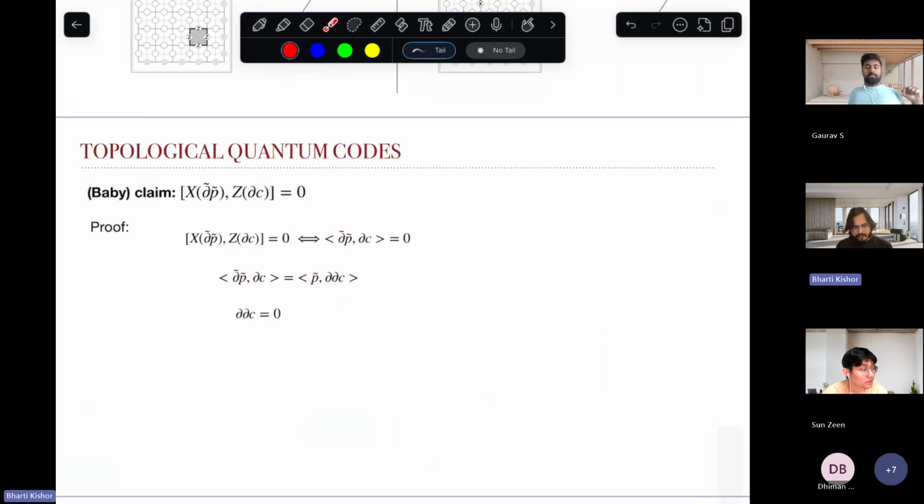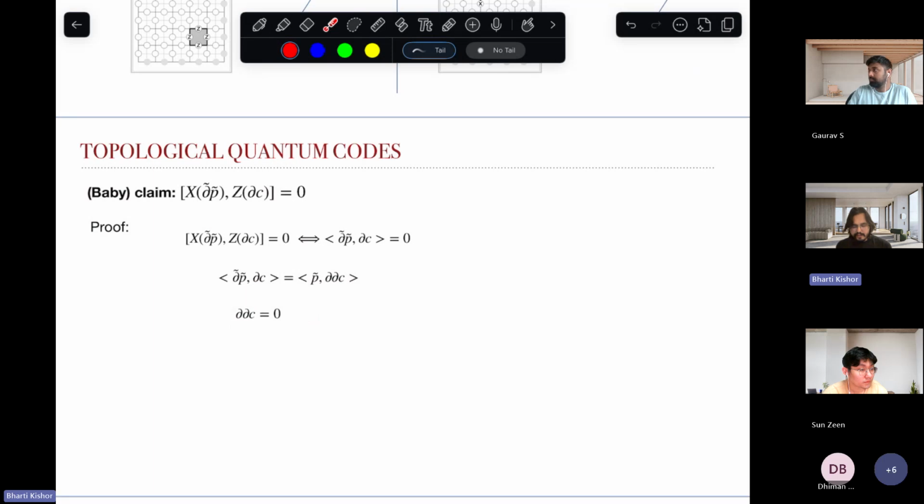So we started with this, but then we said that their commutation relation is nothing but the inner product between the corresponding objects, delta tilde P tilde and delta C. And then this is the same as if you push delta here, so it becomes delta C. And because boundary of boundary is a null chain, this is 0.